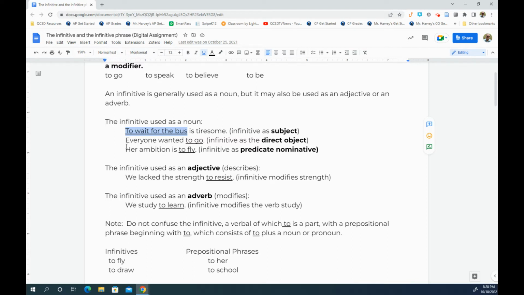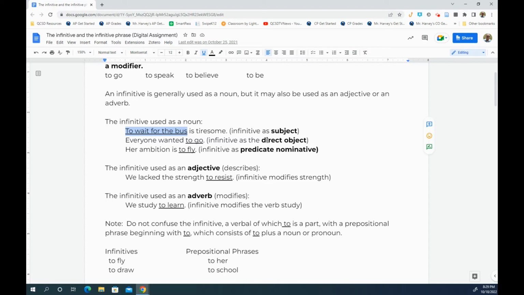And you could also have an infinitive phrase, or in this case, just the infinitive alone, functioning as the direct object. Now remember, the direct object is usually paired with an active verb, and it answers the question what.